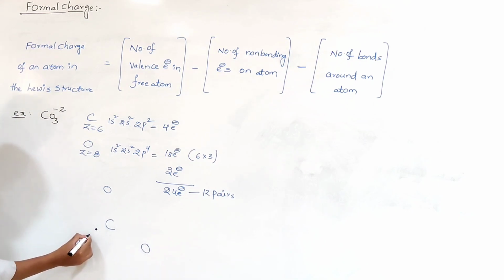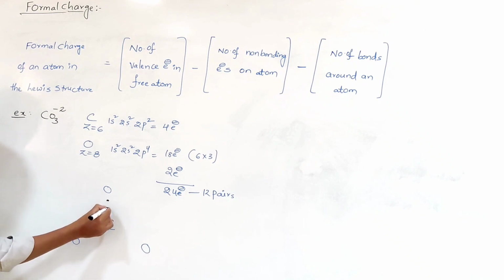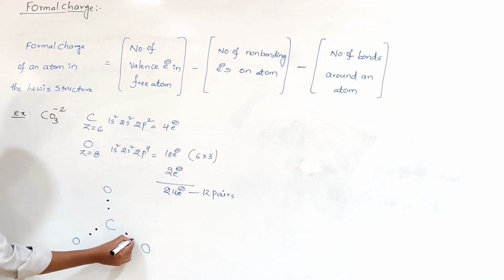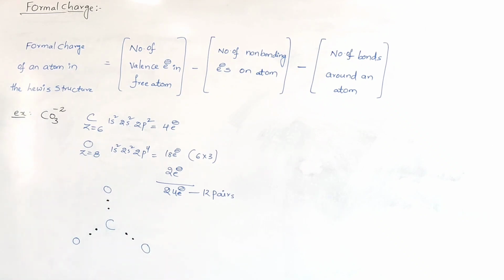Here 1, here 2, and here 3. After that, I need to satisfy the octet configuration by keeping electrons as lone pairs on each oxygen atom. 3 are over, 9 is left. So here 6 are needed.